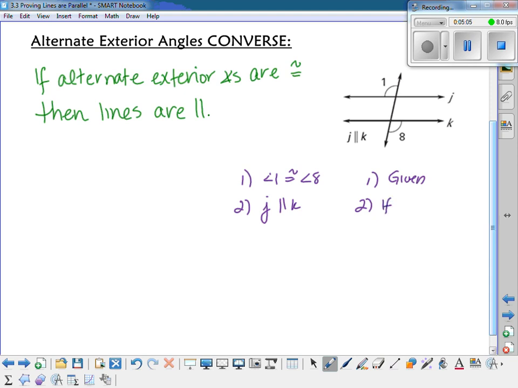You know that if alternate exterior angles are congruent, then the lines are parallel. So it's okay to just write that as your reason in a proof also. You can write the actual theorem or converse if you can't remember the name of it. And if you do remember it, you can always just say alternate exterior angle converse. Okay?